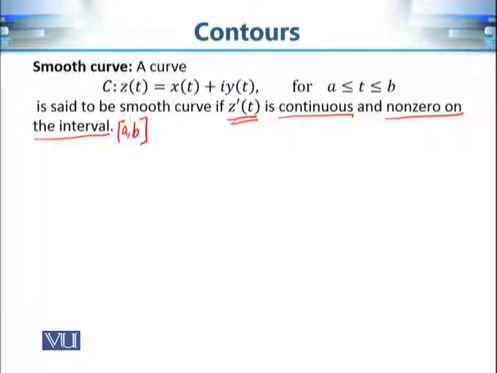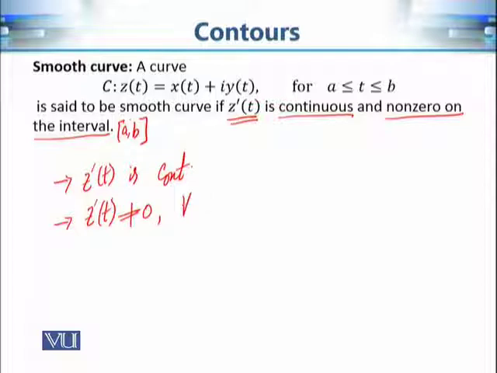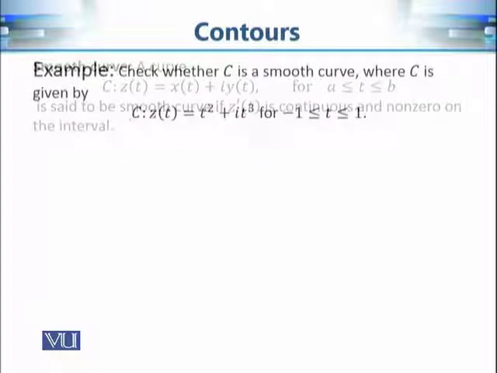The first condition is that z prime of t not only exists, but it is a continuous function. And the second condition is that z prime of t is not equal to 0 for all t belonging to this interval a to b. If these two conditions are satisfied, then we say that the curve is smooth.